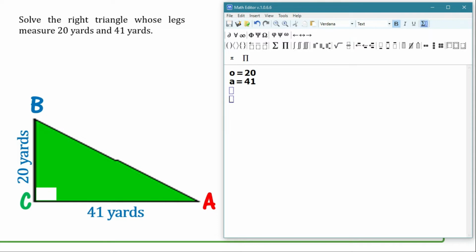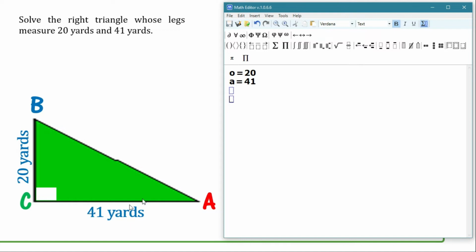Okay? So ang unahin nating isolve is for us to solve either of the other missing parts. But in this case, let us just first solve for an acute angle. Since we are given 20 yards or side BC as our opposite side and side AC as our adjacent side, pwede natin kunin yung angle using which of the three basic trigonometric functions.